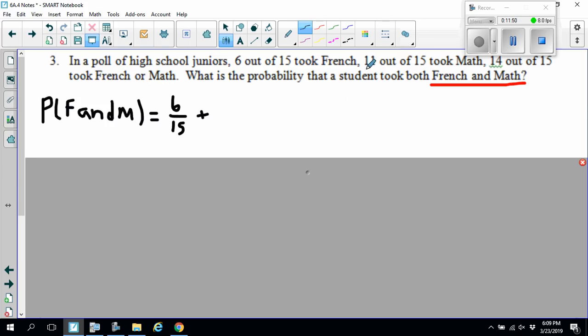They said here 11 out of 15 took math. So we do plus 11 out of 15. Now we need to subtract the probability that someone took French or math. We're trying to get rid of that overlap, or the double. Here it says that 14 out of 15 took French or math. So we're going to subtract 14 out of 15.